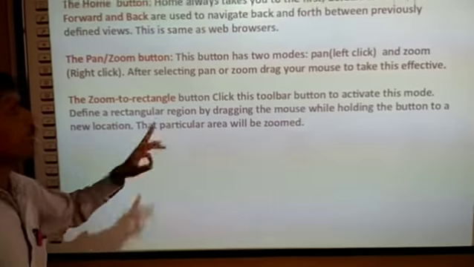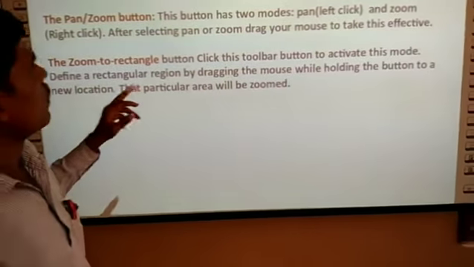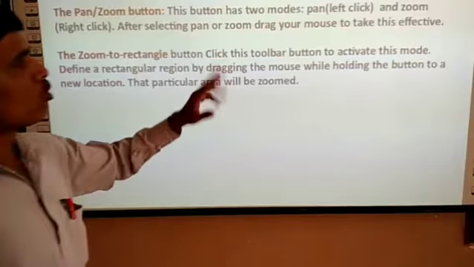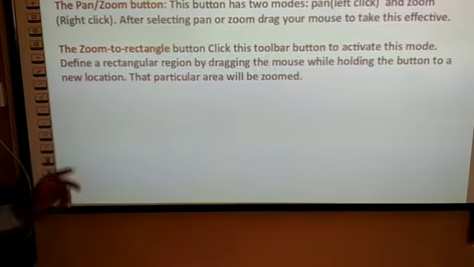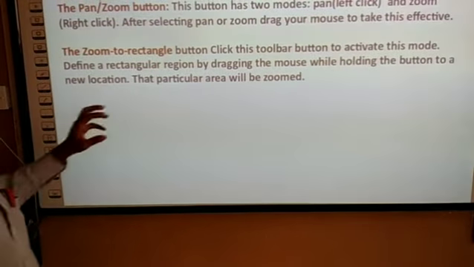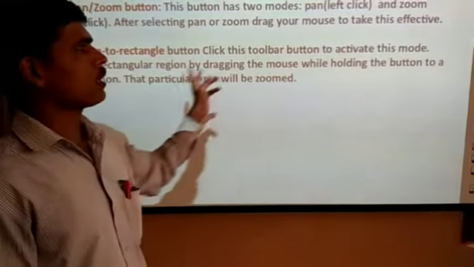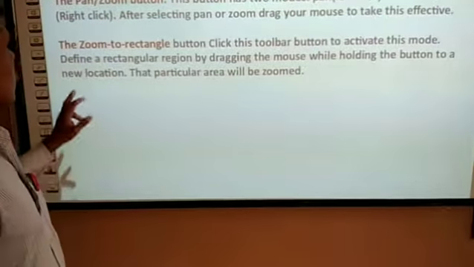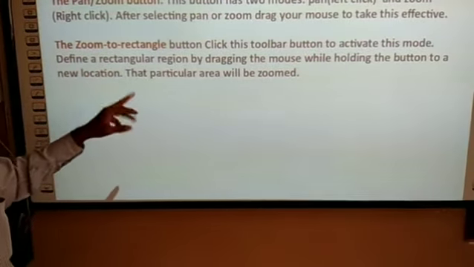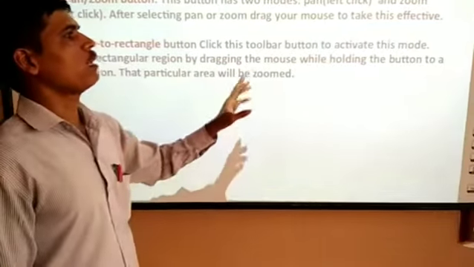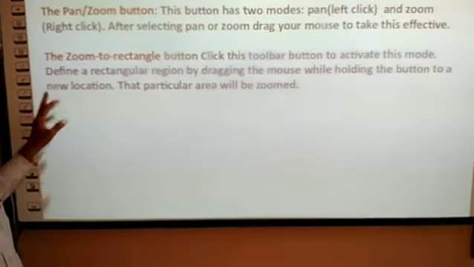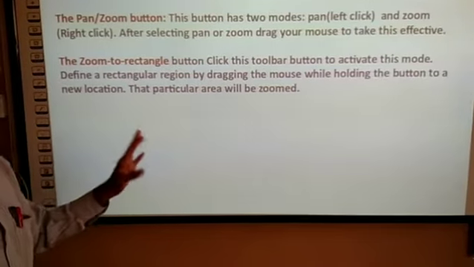The zoom to rectangle. Zoom to rectangle means clicking this toolbar button activates this mode. That means when you click on the zoom to rectangle button, then that button will be activated. Define a rectangle region by dragging the mouse while holding the button to a new location. That particular area will be zoomed.